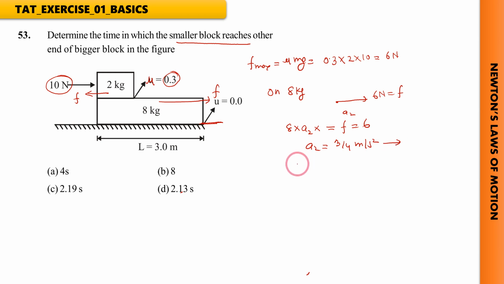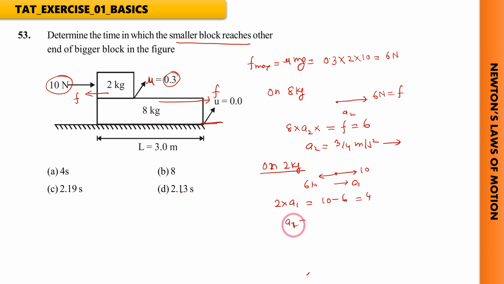Now the same thing for the 2 kg block. On the 2 kg block, 10 Newton is acting on the right, friction acting on the left is 6 Newton, and it has an acceleration a1. So mass into acceleration equals 10 minus 6, the net force, that is 4 Newton.